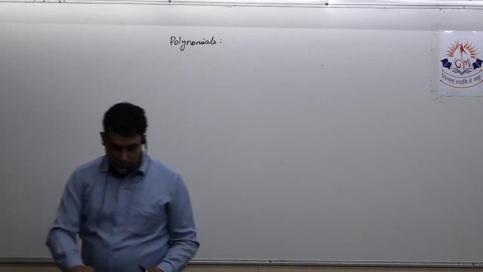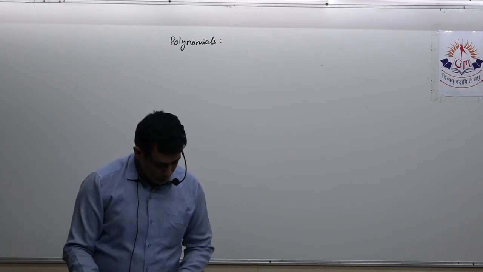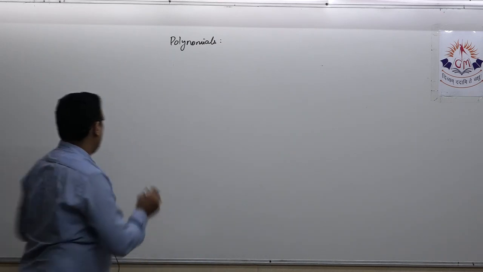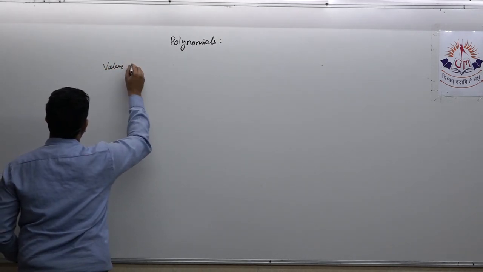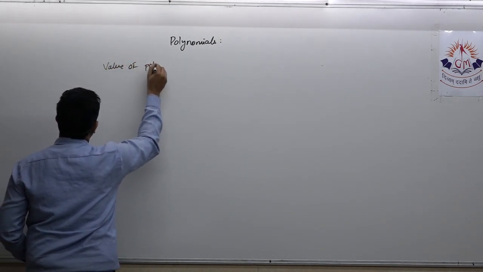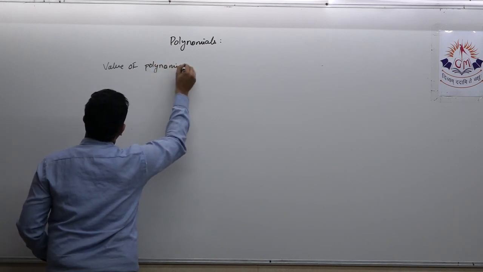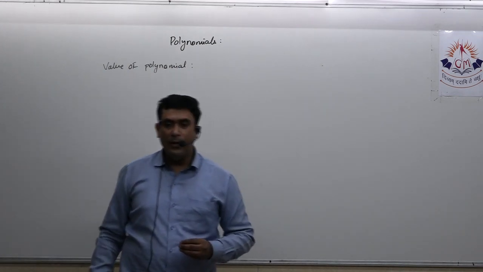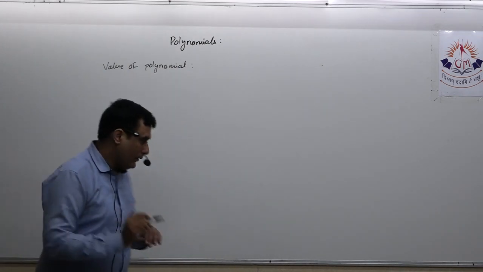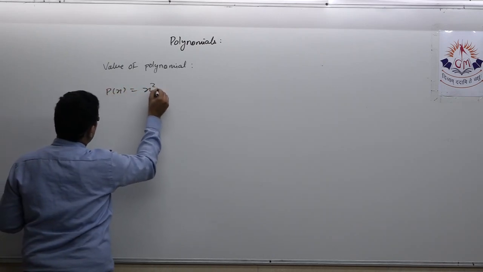Now after this, the next concept that we have to see is the value of a polynomial. Value of a polynomial means that we have to find the value of the polynomial at a given value of a variable. For example, P(x) equal to x square minus 3.